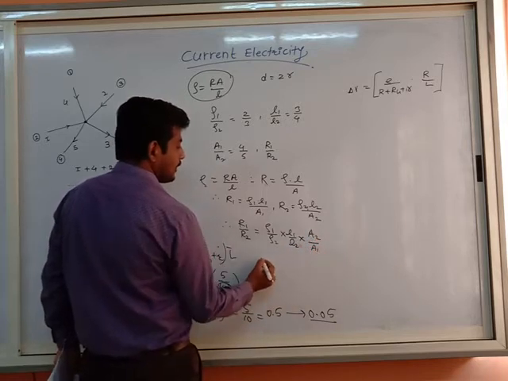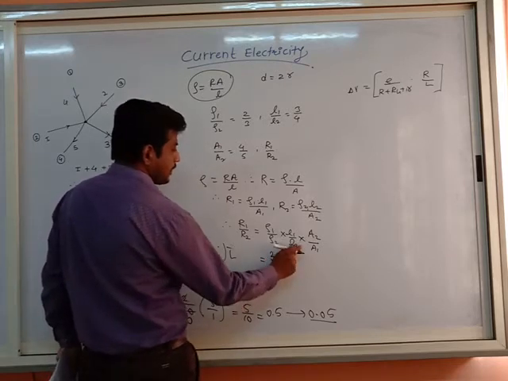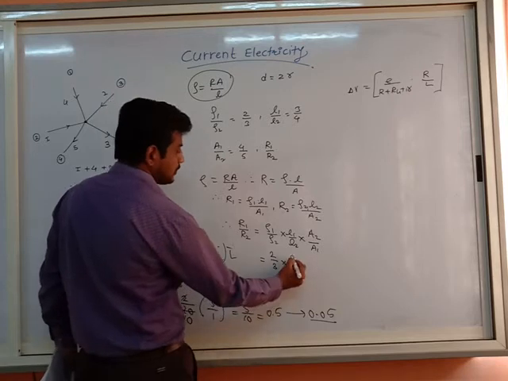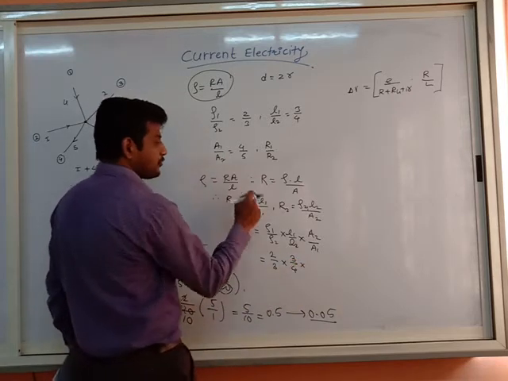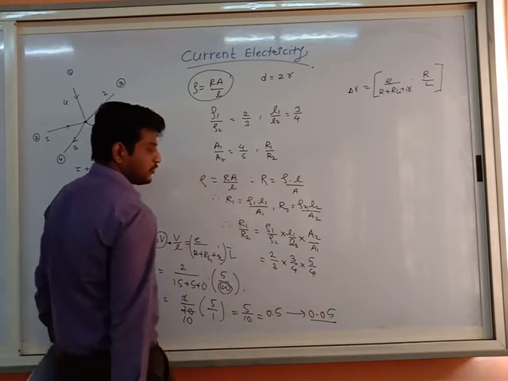A2/A1. ρ1/ρ2 is 2/3, L1 by L2 is 3/4, A1 by A2 is 4/5, so A2 by A1 is 5/4.